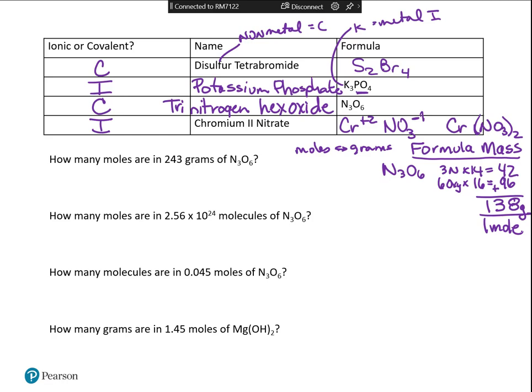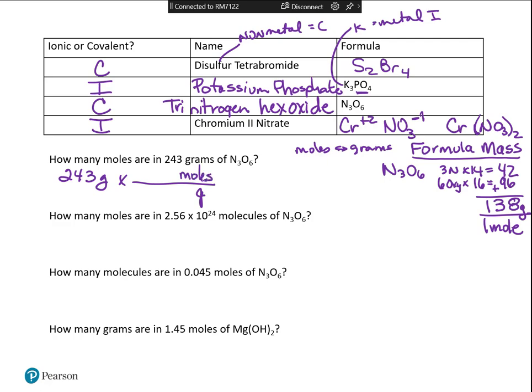So now I know 243 grams of N3O6, that's my known. So 243 grams times, in a line, what's the unit of those 2? Which do I put on the bottom? Grams. Whatever you're given goes on the bottom in the first step. What's going to go on top? That's what I want to know, and that's moles.